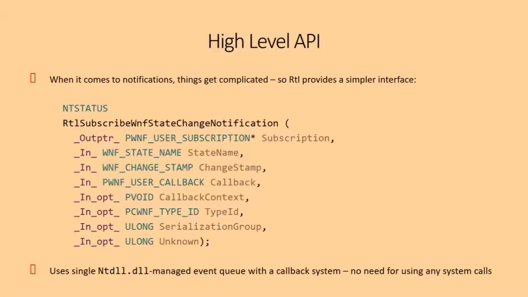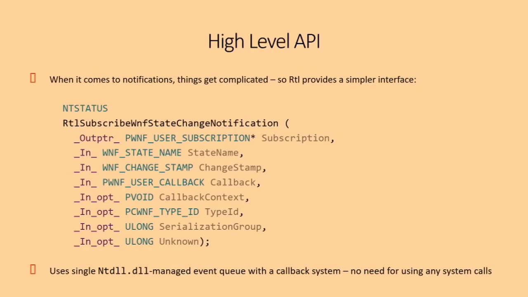And it turns out that in NTDLL, there's a higher level API. You're not supposed to directly call the system calls. Those are actually meant for NTDLL itself, which does this at process startup, registers its own event, and then everyone else is basically getting multiplexed by NTDLL. And so there's an API called RtlSubscribeWnfStateChangeNotification, where you're asking NTDLL on your behalf to subscribe for this.